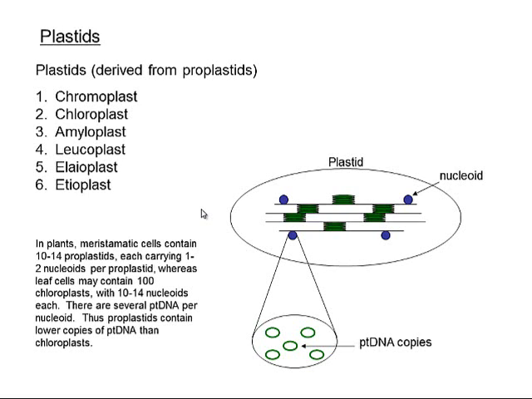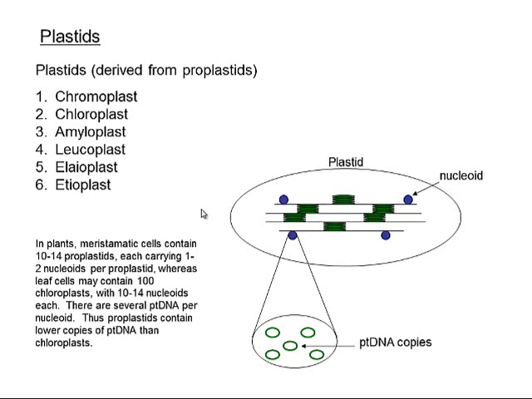Now, when you're selecting to try and stabilize the gene expression, then you don't want lots of copies of plastid DNA in each cell. So you want to try and minimize the number of copies of plastid DNA in each cell, and the way to do that is to go through proplastids, which are typically found in meristematic cells. Each meristematic cell would contain only 10 to 14 proplastids, each only carrying 1 to 2 nucleoids per proplastid.